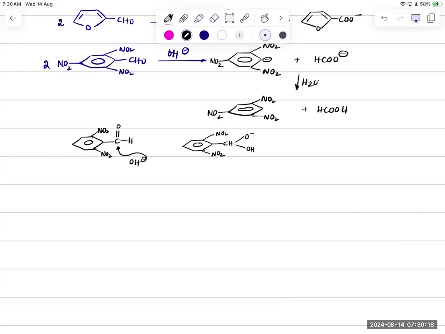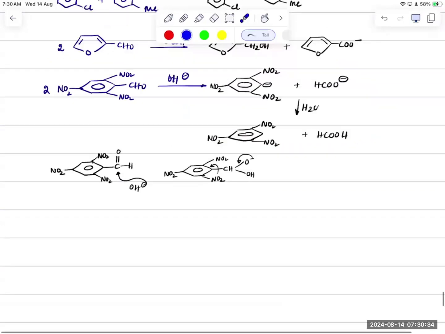So instead of H minus coming out, as soon as this bond closes, this bond will break onto the other side. So you will directly get this intermediate and this will convert into an acid. Clear now? Okay.